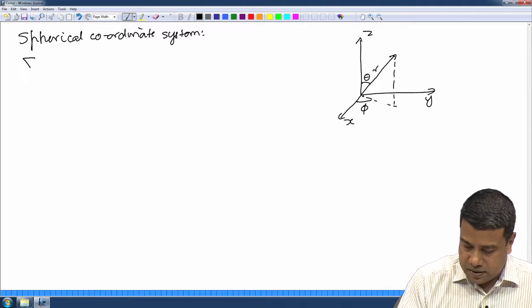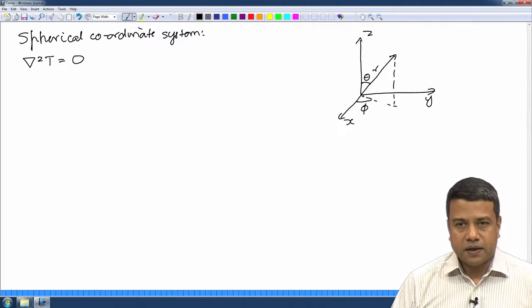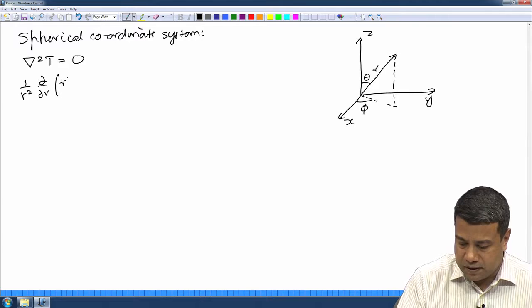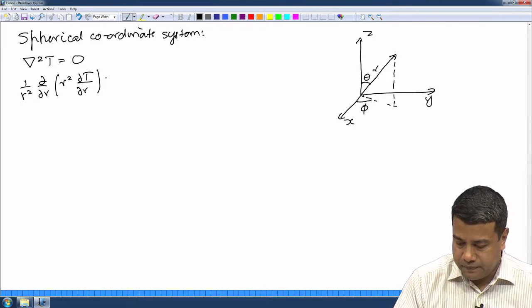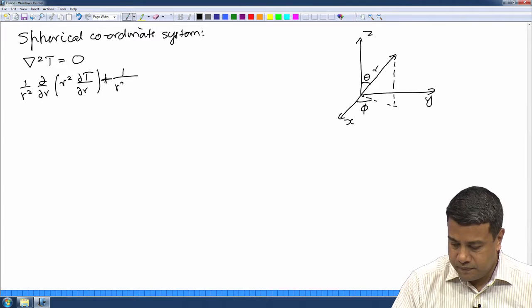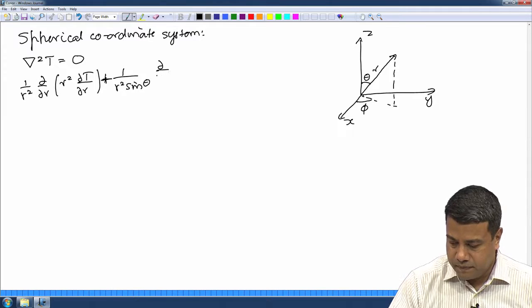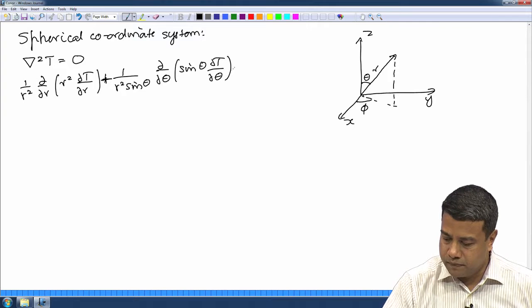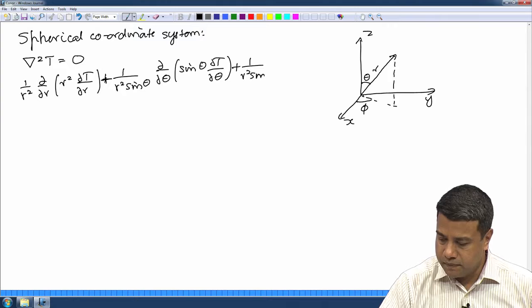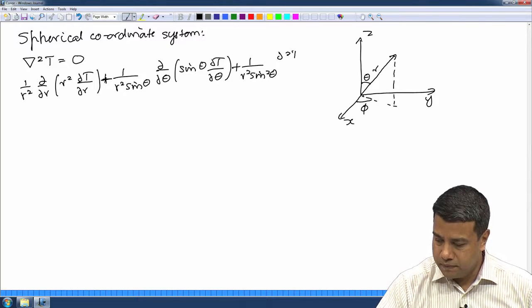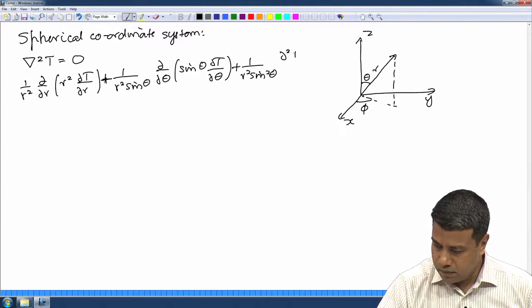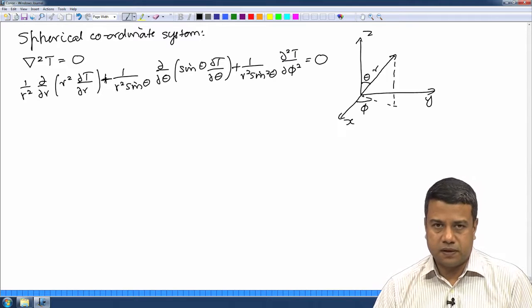And the equation del square T equals 0 in a spherical coordinate system is 1 by r square d by dr of r square, and so on. That is the conservation equation in a spherical coordinate system.